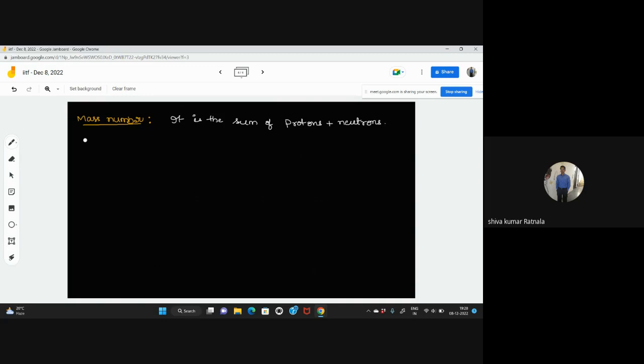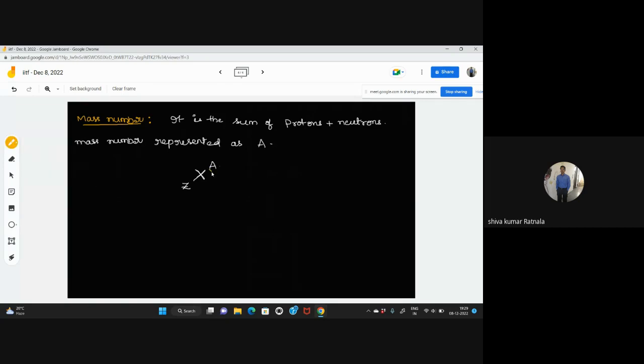We represent mass number with the letter A. For example, for any element X, we can write X with Z, and A you can write generally at the top right or top left also.